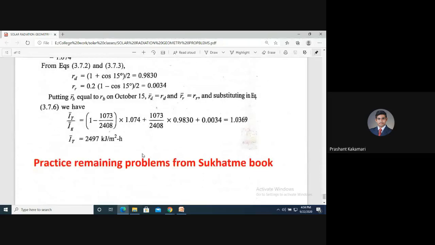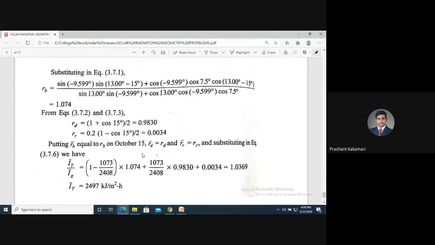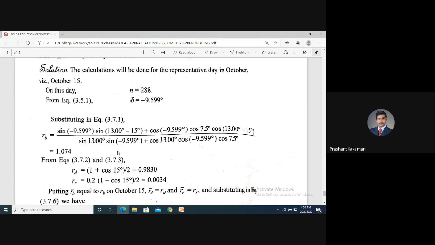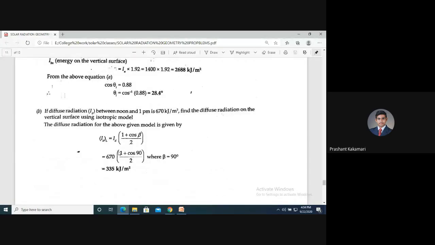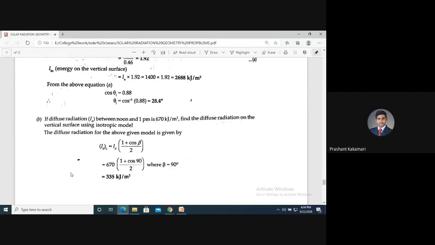Anyway, today I will solve one more problem. The remaining problems are in this PDF file I have uploaded in the classwork. From that classwork PDF file, you can go through these solved problems and find out what relations they have used. If any doubts are there, we can ask in other classes, or you can message in the group so that it can be cleared there.